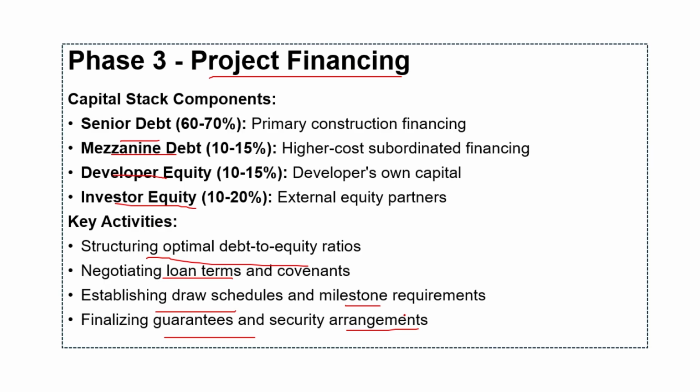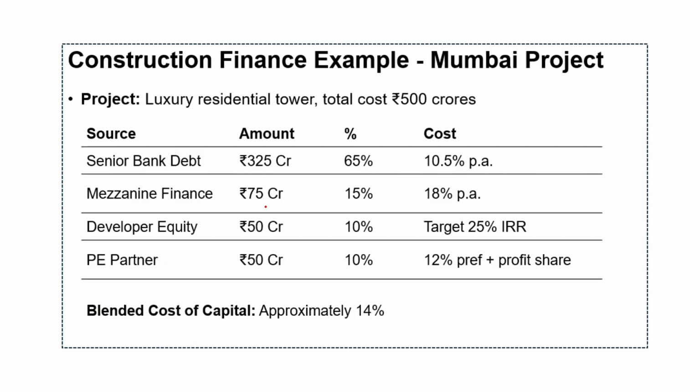Right. So, success in phase 3 requires sophisticated financial modeling, strong lending relationships, and skilled negotiations to optimize capital cost while maintaining operational flexibility.